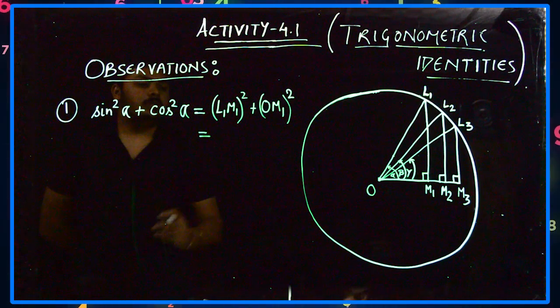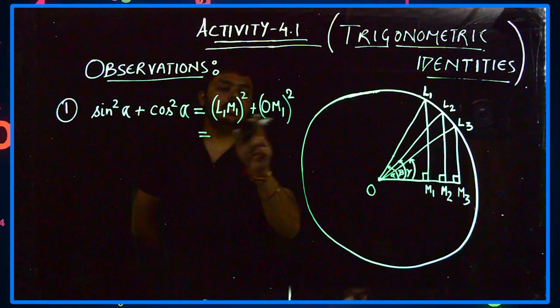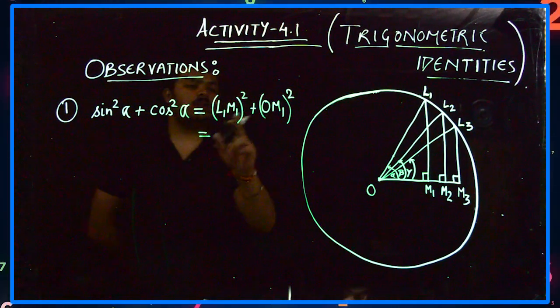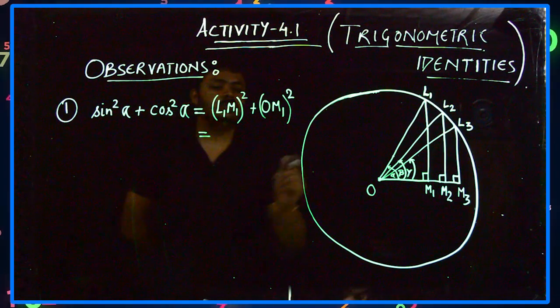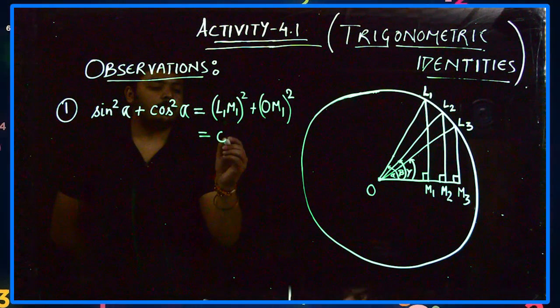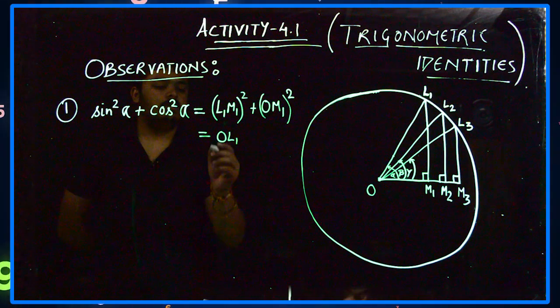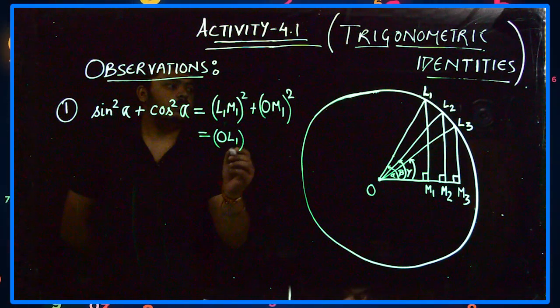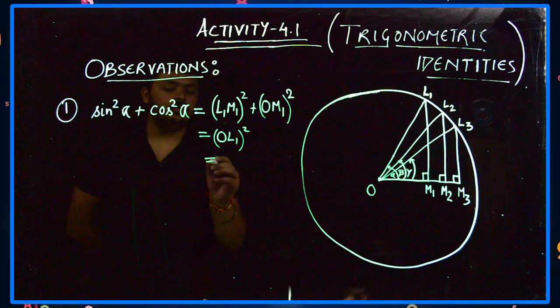Since this is perpendicular and this is base, perpendicular square plus base square is equal to hypotenuse square, which is equal to 1.